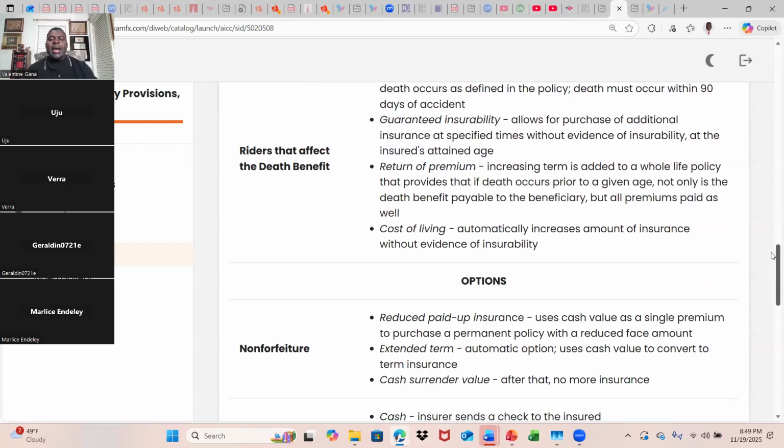Guaranteed insurability. Guaranteed insurability is another rider that just says, so you have a policy for 300,000, 5 years later, you want to increase that policy to say 500,000, which are terms that are already going to be stated in the policy. If you buy the guaranteed insurability rider when you first purchase the $300,000 policy, that rider is going to give you the right to increase the death benefit within a certain duration of time without having to go do a medical test.